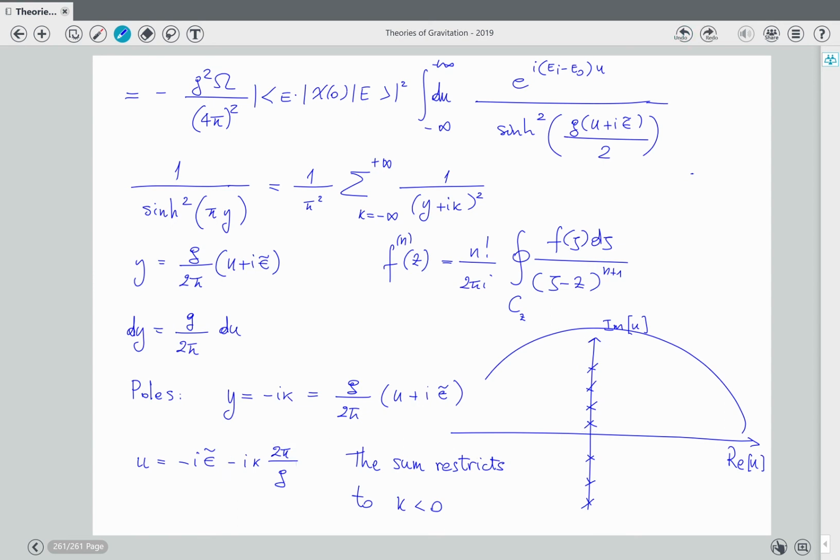So we will have to compute half the sum only for negative k and tomorrow, magically, we will find the black body spectrum. Okay, so we end the derivation tomorrow.